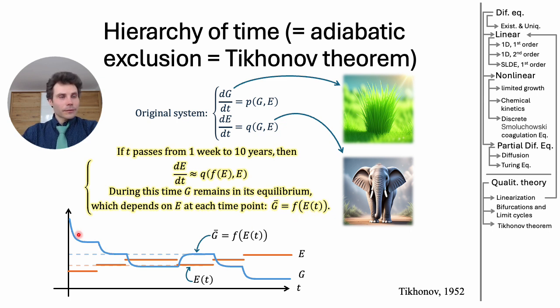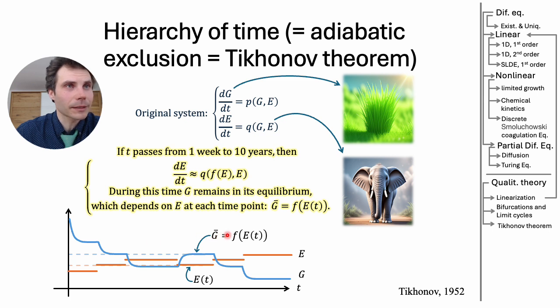And here, again, just the same graph as before, but a little bit expanded, a little bit magnified. So at the given point t, the number of elephants is equal to this level, to this dashed pink line, and the level of grass is fully determined by this dashed pink line, by this level.